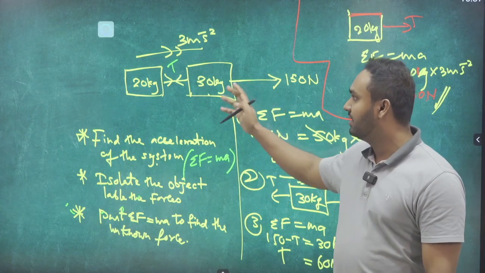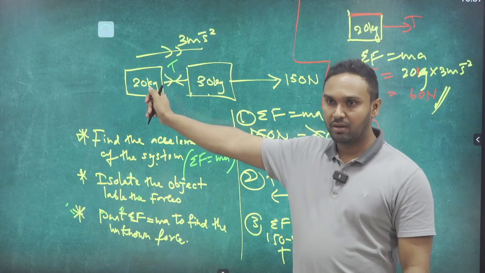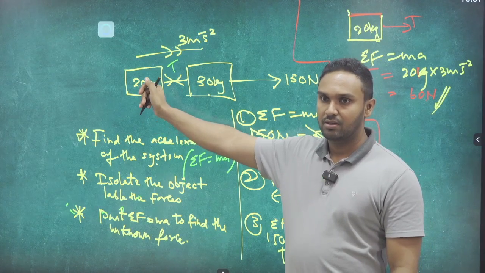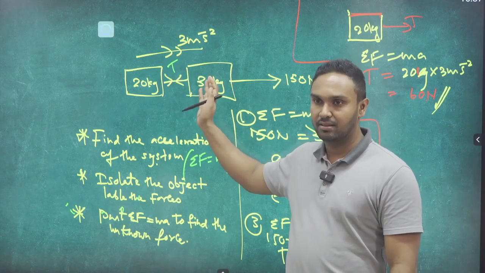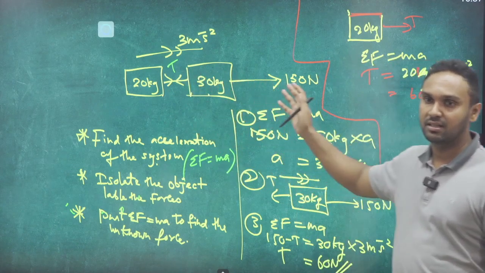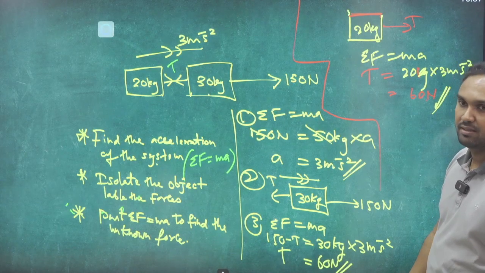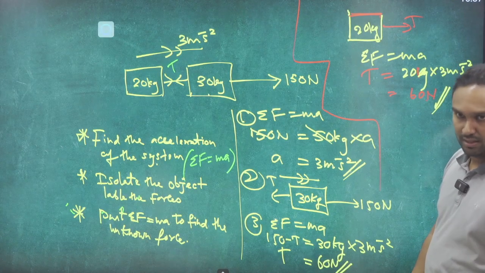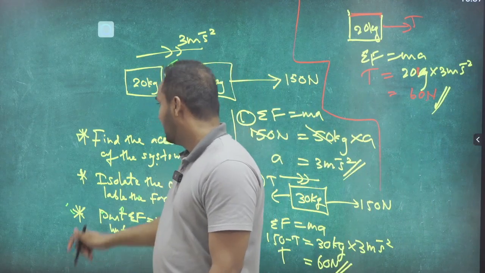So either you can find it using the 30 kilogram weight or the 20 kilogram weight. You have to select either the 30 or 20. Which one is easier, the 30 or the 20? Actually the 20 is easy, right? Because it has only one force to act. Get it? Right. Now this is the whole thing, right?